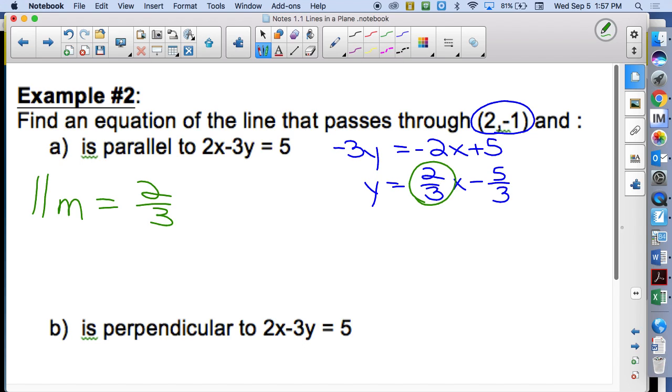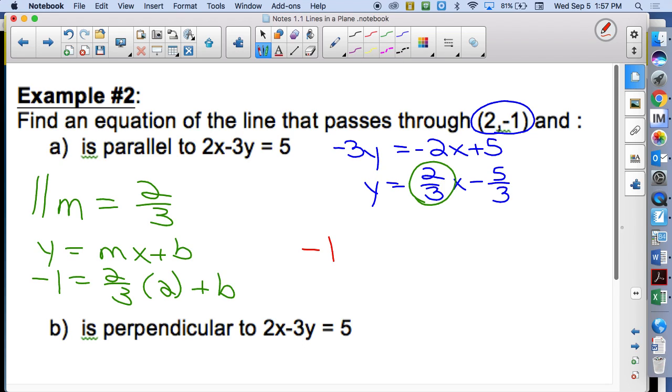So using slope-intercept form, -1 is y, slope is 2/3, x is 2. I'm just taking that ordered pair and plugging it in, because we need to find b.